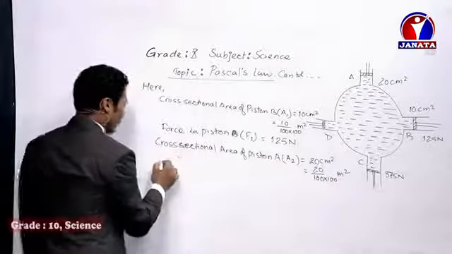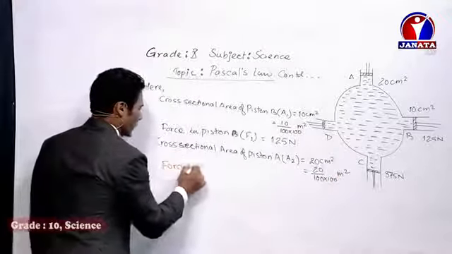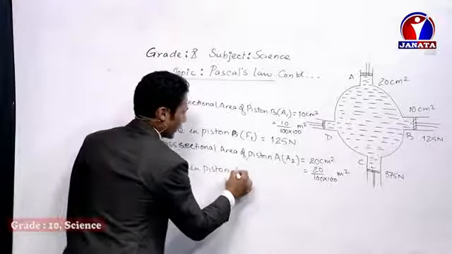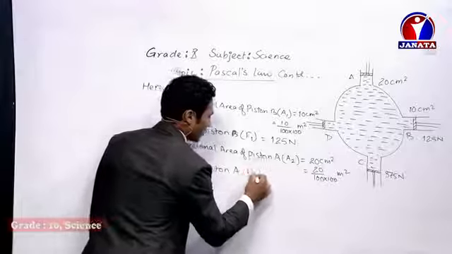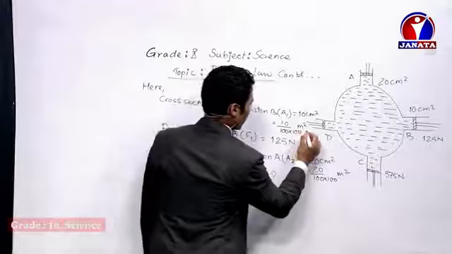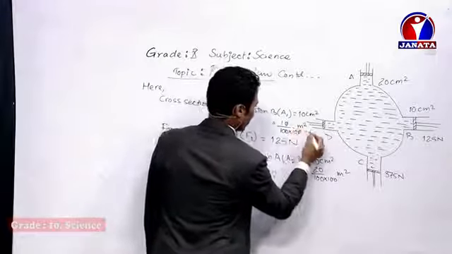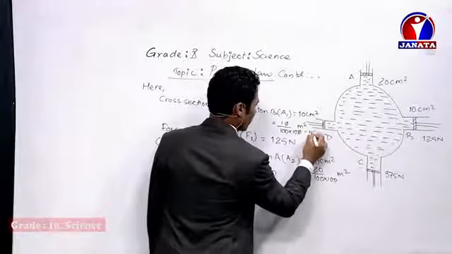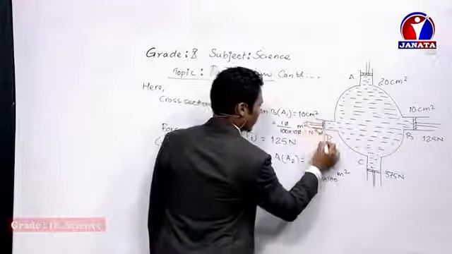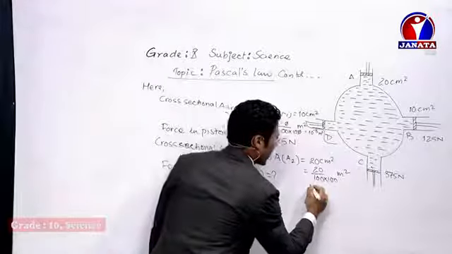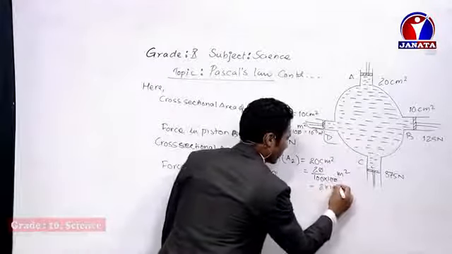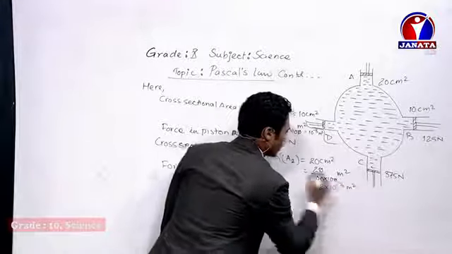And similarly, we need to find the force on piston A, that is F2 equals what? We need to calculate. So here the zeros cancel. That means this is 10 to the power minus 3 meter square. And here it is 2 into 10 to the power minus 3 meter square.